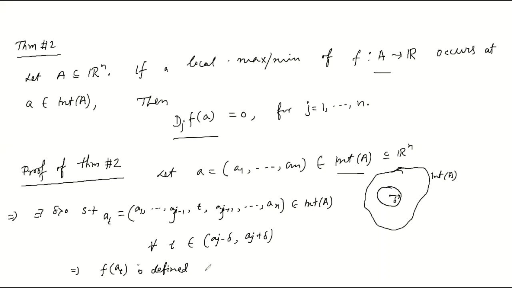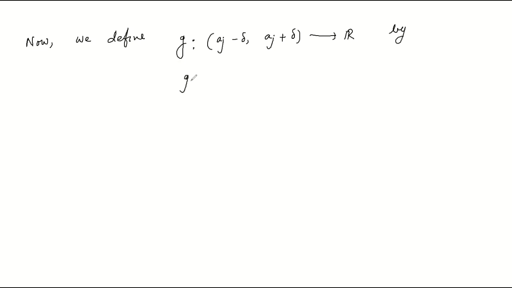So now we define a function g from the open interval with endpoints a_j minus delta, a_j plus delta to R. This is defined by g of t equal to f of (a1, and so on, a_{j-1}, t, a_{j+1}, and so on, an).